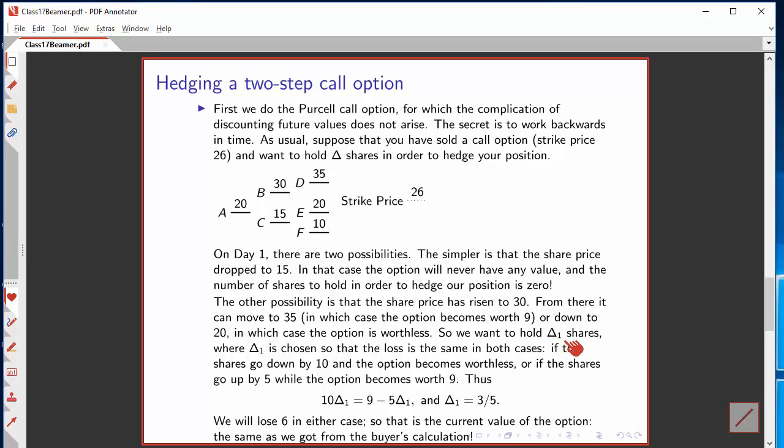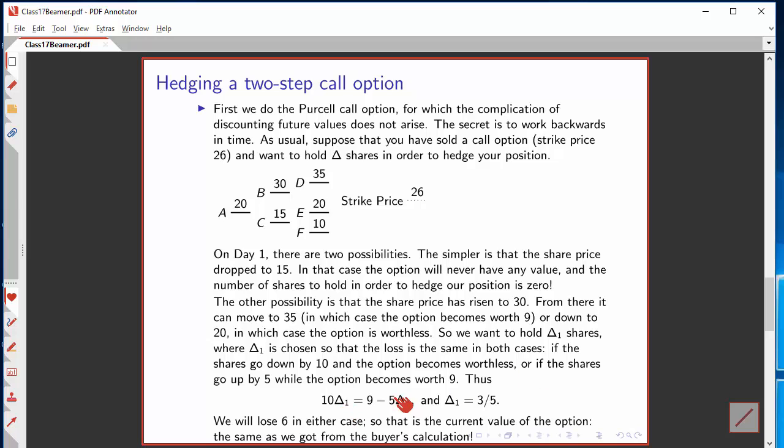Let's call the number of shares we're going to hold delta 1, and we're going to choose delta 1 so that our loss is the same in both cases. If the shares go down by 10, which means the option becomes worthless, then we lose 10 times the fraction of a share that we bought.